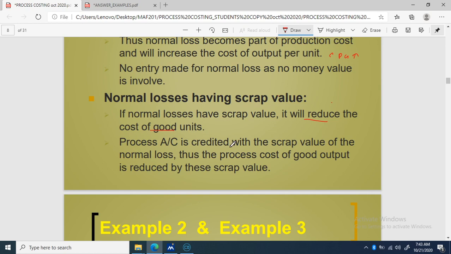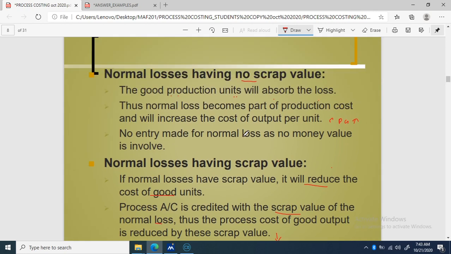So the process account is credited with the scrap value of the normal loss, and the cost of good units is reduced by this scrap value. We refer to example 2 and example 3. Example 2 is for no scrap value. Example 3 is for when the losses have scrap value.